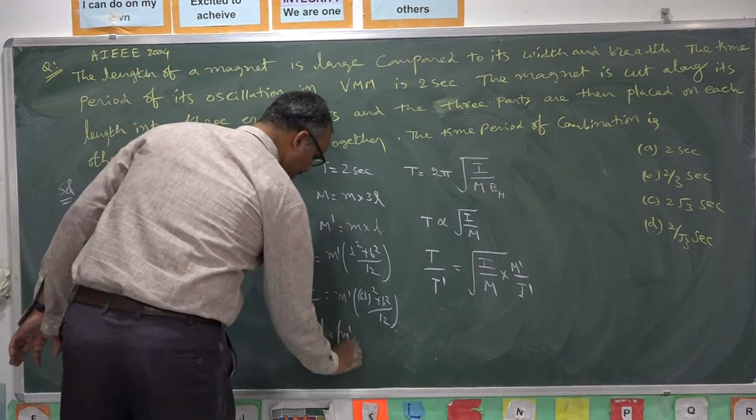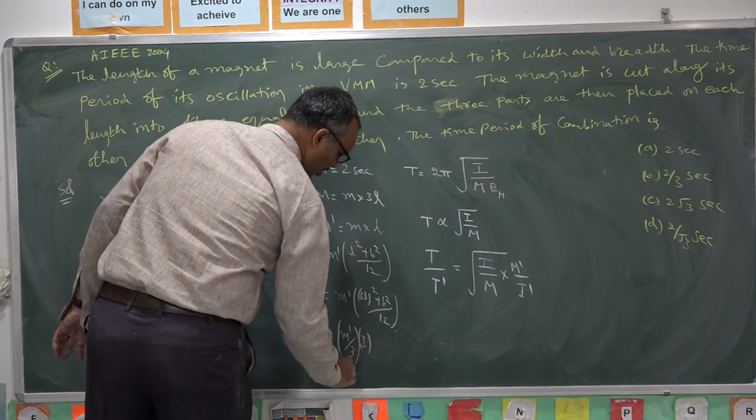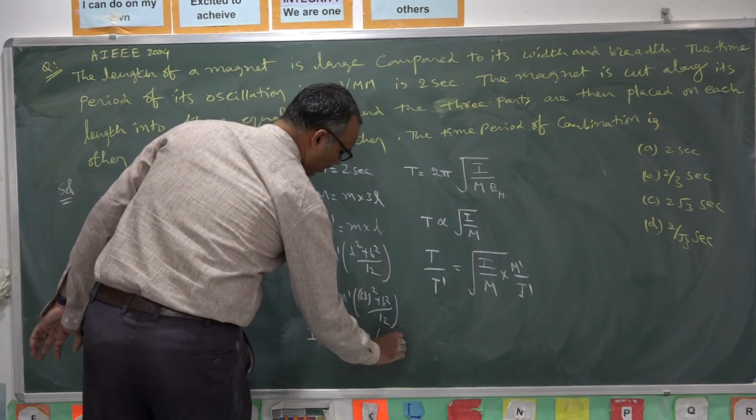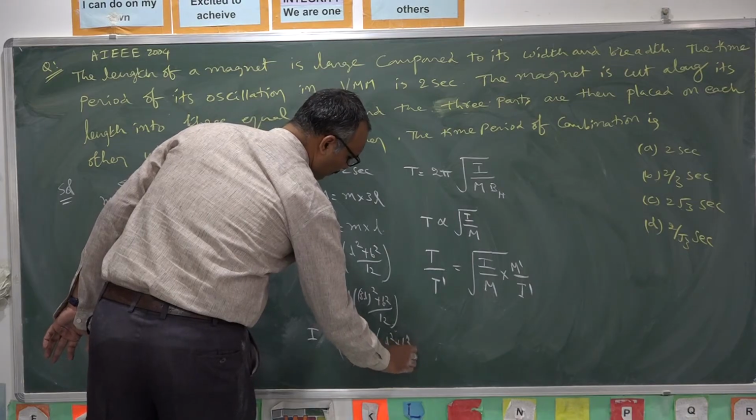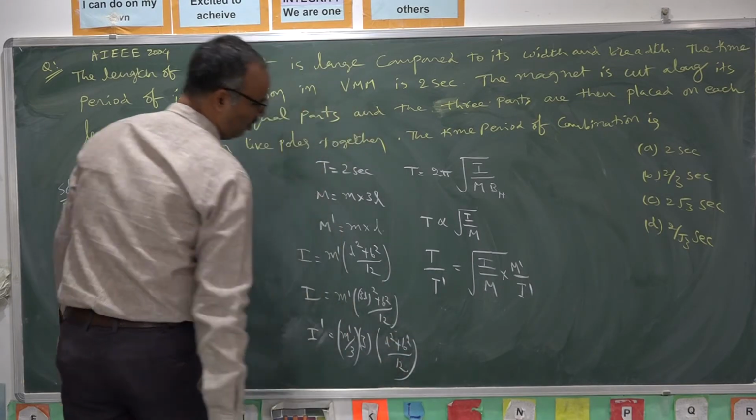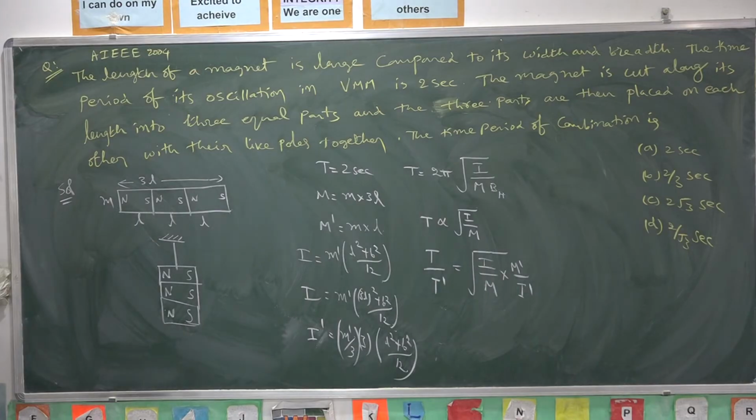Again, there are 3 pieces, so there is no change in mass. L square plus B square by 12. Now I need to substitute the values here to get the answer.